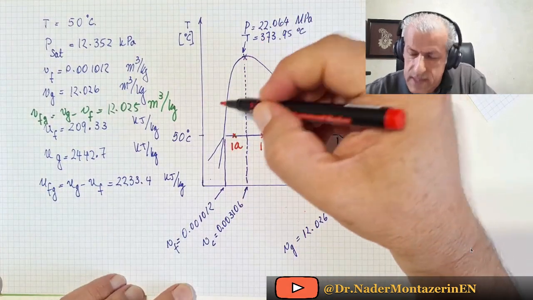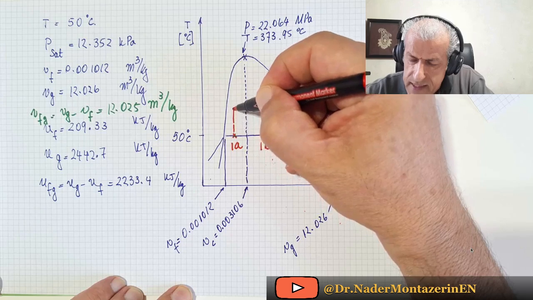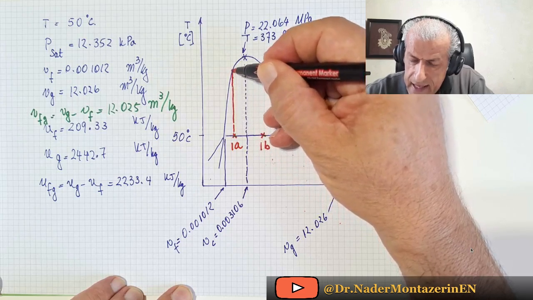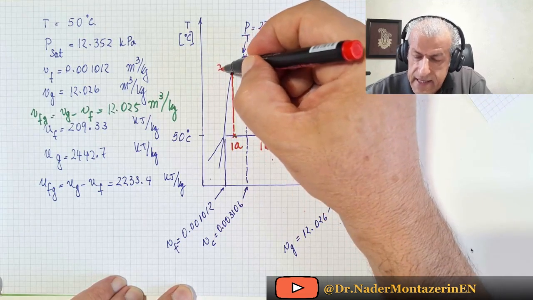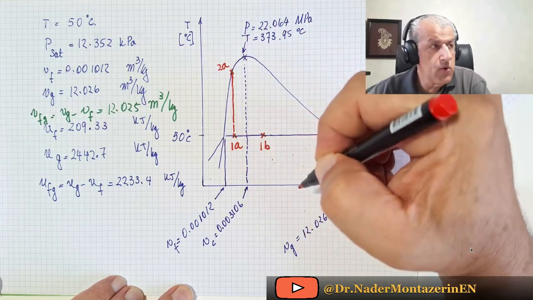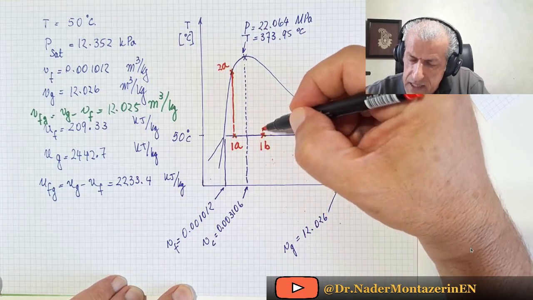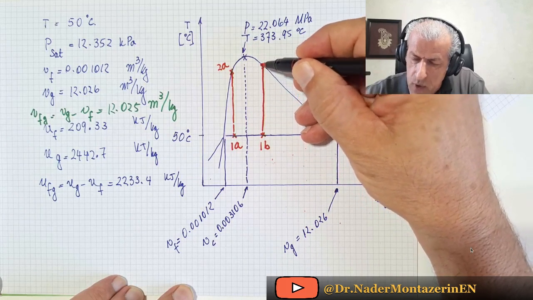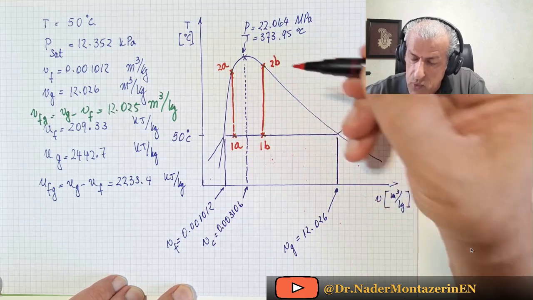And what we see is this, that our process for case A goes over this line, and this would be point 2 for case A. And for case B, it would be this one, and it would be 2B.